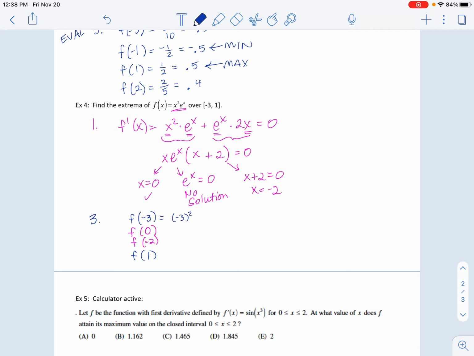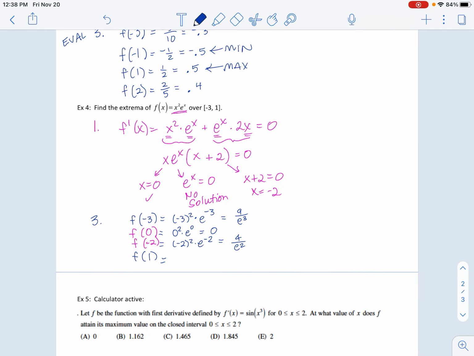I've got -3 squared times e to the -3, which is 9 over e cubed if I simplify it. f of 0 is 0 squared times e to the 0, which is 0 times 1. That's 0. If I plug in -2, I get -2 squared times e to the -2, which simplifies to 4 in the numerator, e squared in the denominator. And f of 1 is 1 squared times e to the 1, which is e.